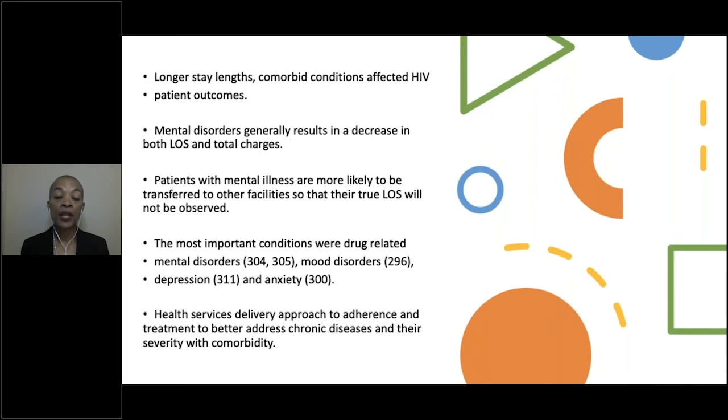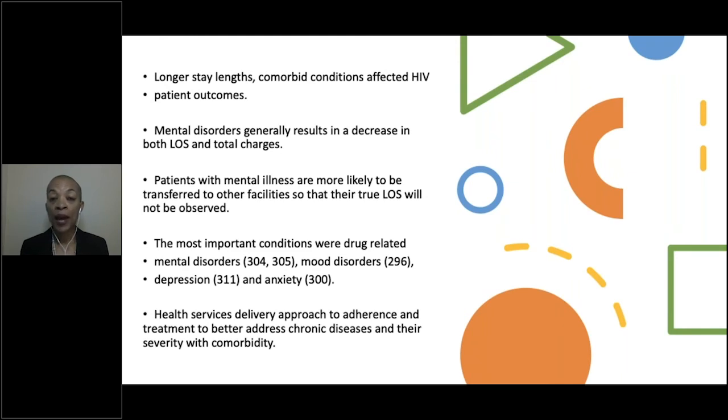Patients with mental illnesses are more likely to be transferred to other facilities, so that their true length of stay actually is not observed. We found that there was actually some disparity when we looked at race and ethnicity. The most important conditions that bubbled up for this model were mental health disorders, and we placed the codes out here. Mental disorders, mood disorders, depression, and anxiety.